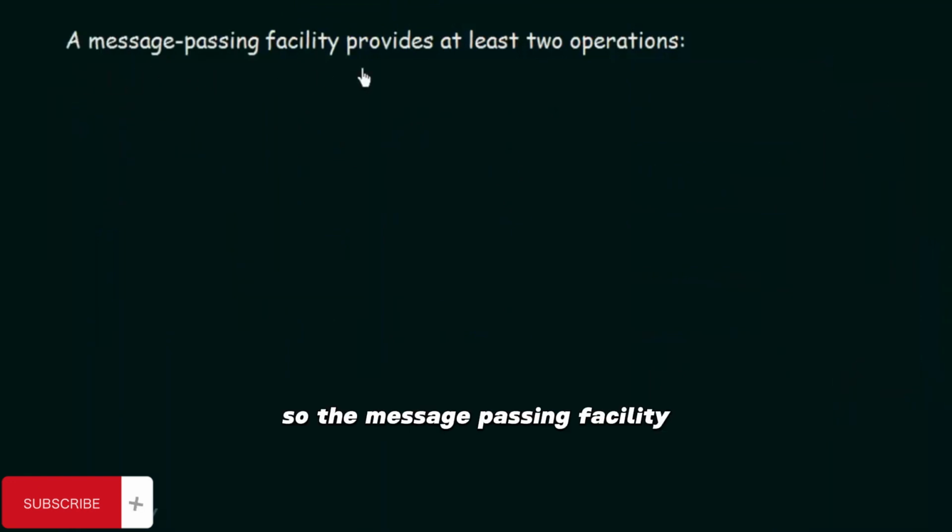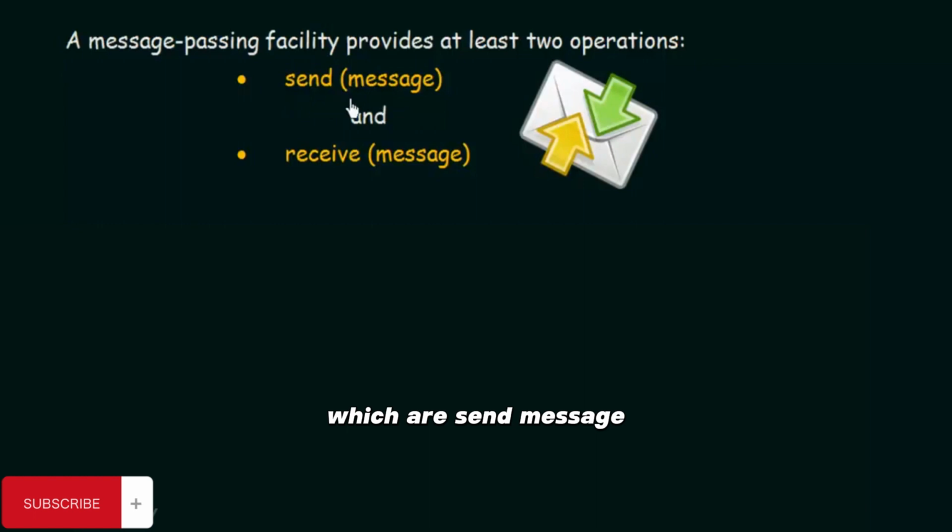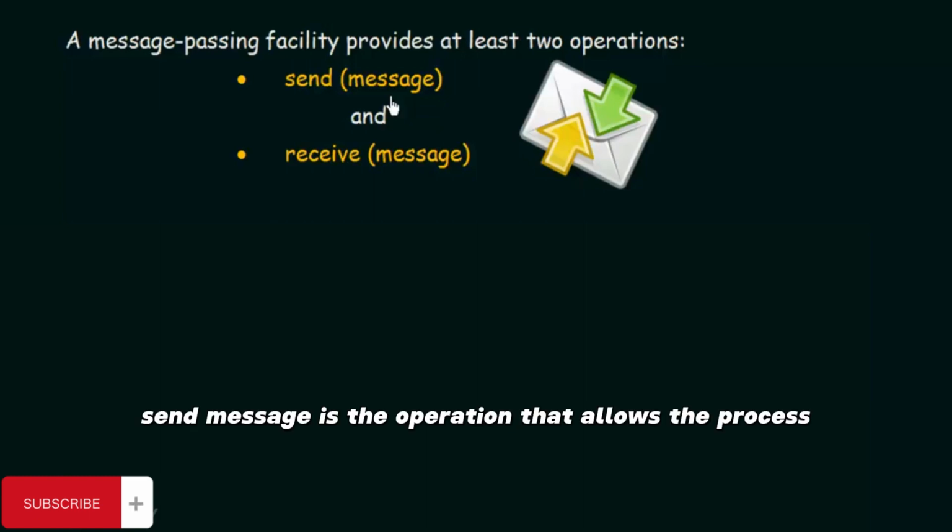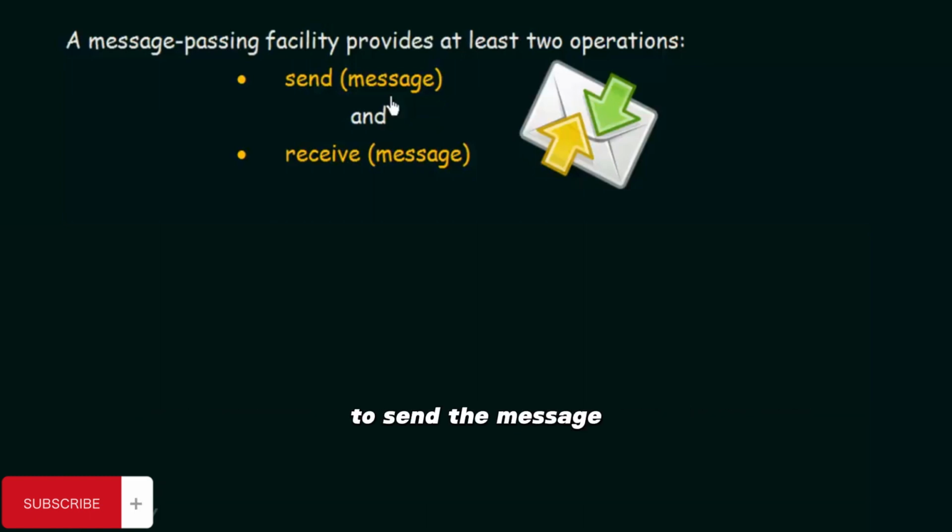The message passing facility provides at least two operations, which are send message and receive message. The first one is send message. From the name itself, it is understood that send message is the operation that allows the process to send the message to the other process with which it wants to communicate.